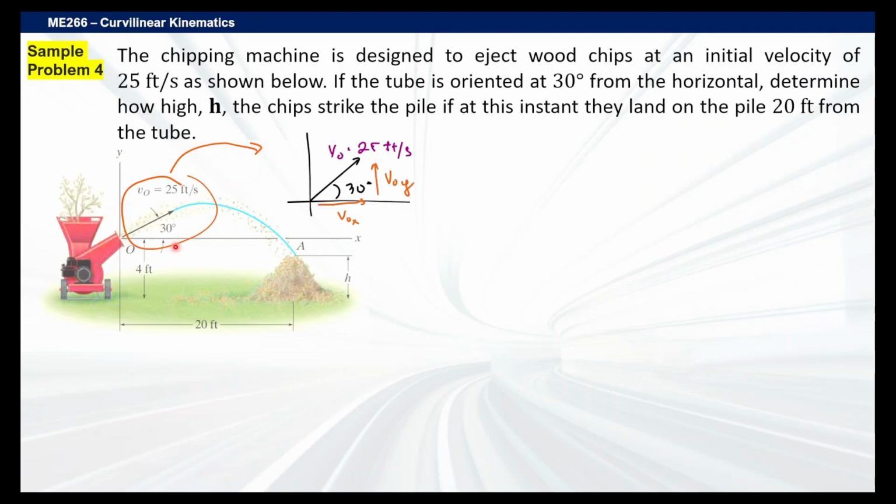So we can break it down into its rectangular components, in x and y values. So meron tayong Vo, Voy, Vox. Okay, that just means initial velocity lang naman.